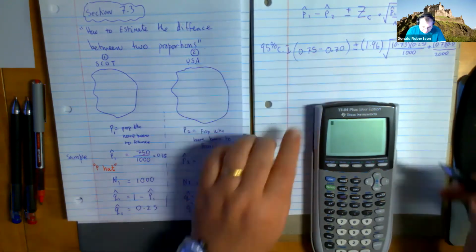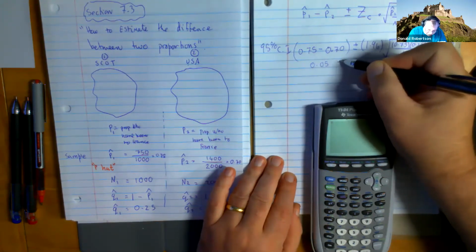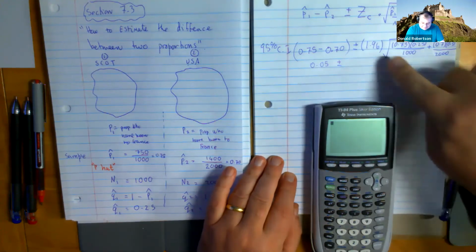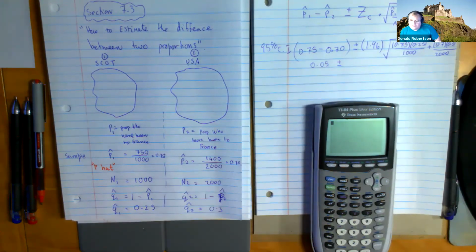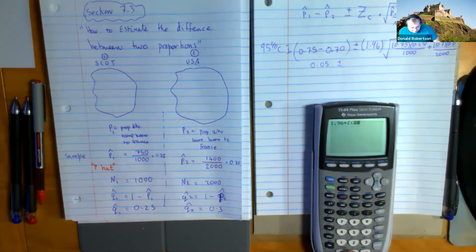Right, this guy, take away this guy, is positive 0.05, give or take. Okay, I'm now going to multiply this mess together. 1.96 times square root 0.75 times 0.25 divided by the 1,000 Scotsmen that you asked, plus 0.7 times 0.3 divided by the 2,000 Americans that you asked.